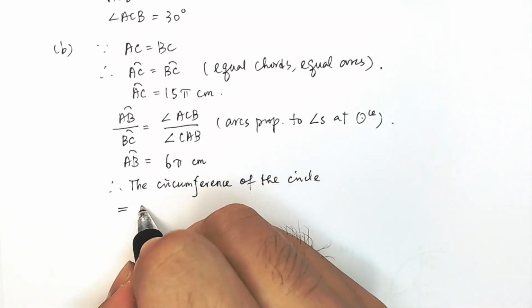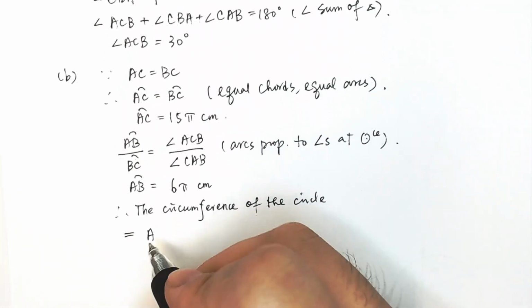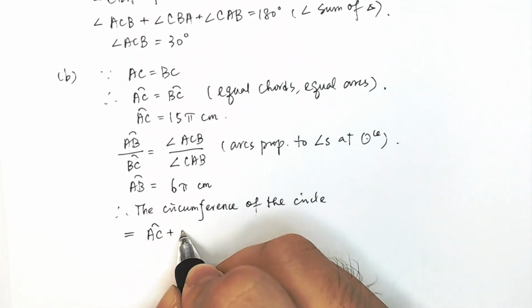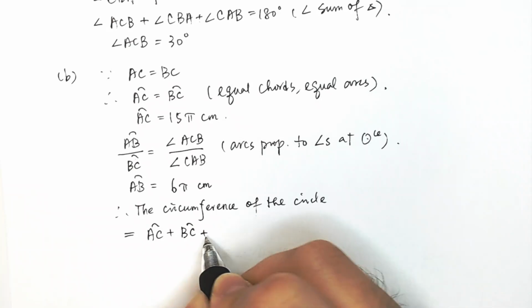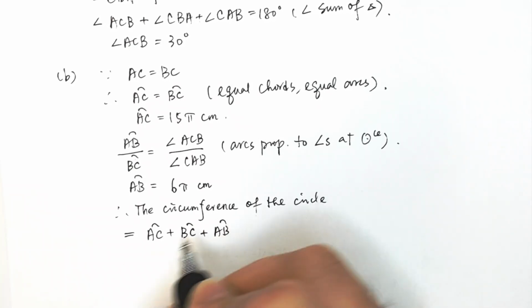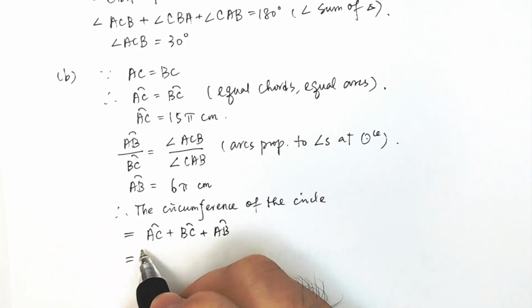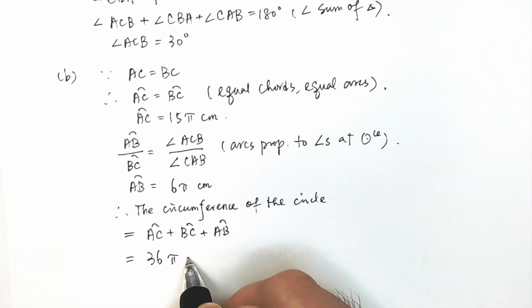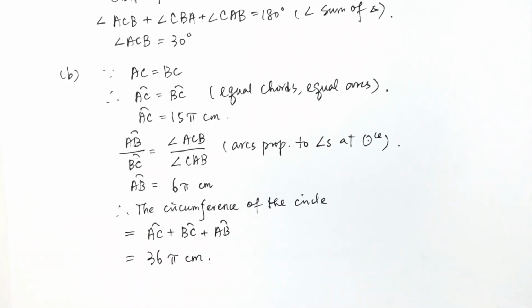It is the length of AC, the length of BC, and the arc length of AB, and is 36 pi cm. Okay, so this is example 1.